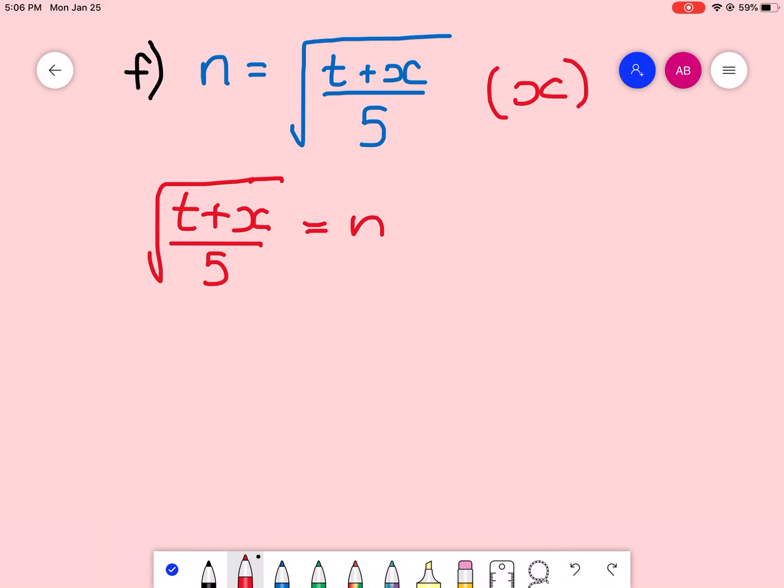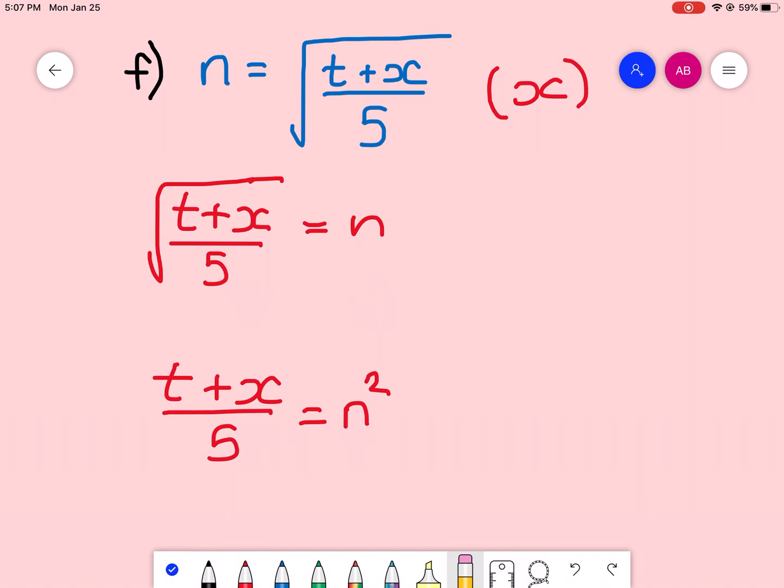So how do we undo a square root? We have got to square both sides. The t plus x all over 5 is all underneath the square root. So by squaring both sides, I end up with t plus x all over 5 equals n squared.